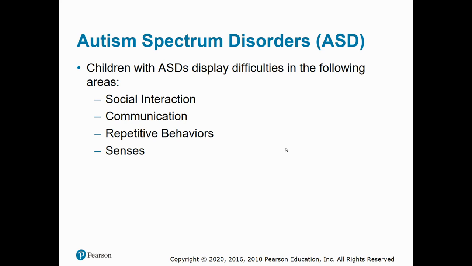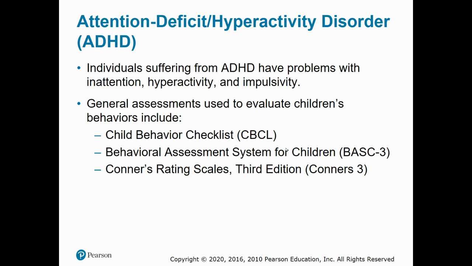If we are assessing someone who's on the spectrum, we want to make sure that we're aware that their social interactions can be impacted, communication, they may have repetitive behaviors, and that their senses are something that can be impacted by this particular diagnosis.